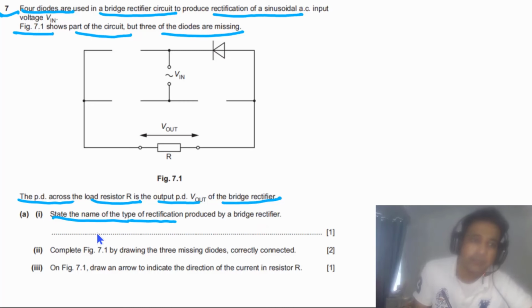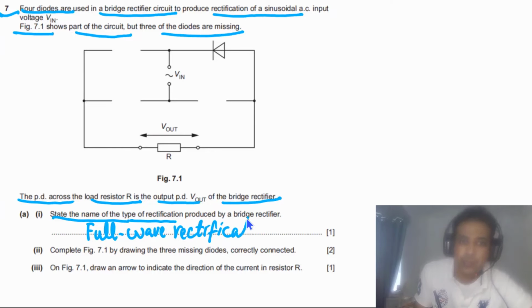Bridge rectifier is used to produce full wave rectification. So simply we can write here full wave rectification, because with the help of a bridge rectifier we can produce full wave rectification. A bridge rectifier consists of 4 diodes.